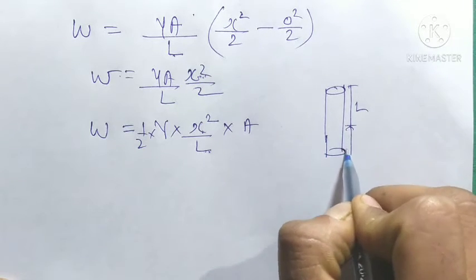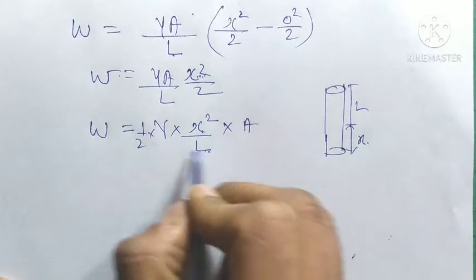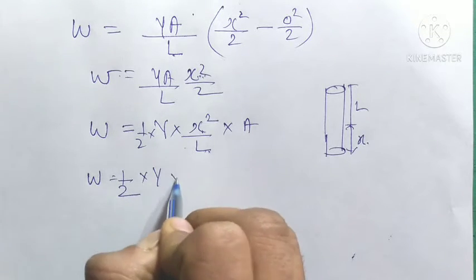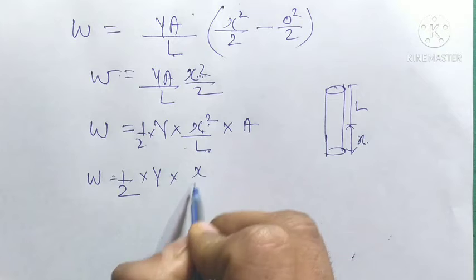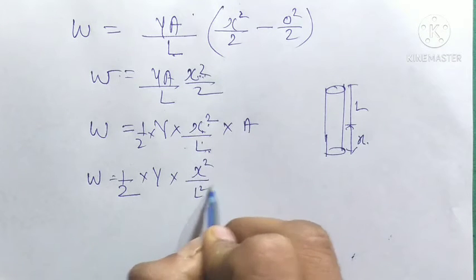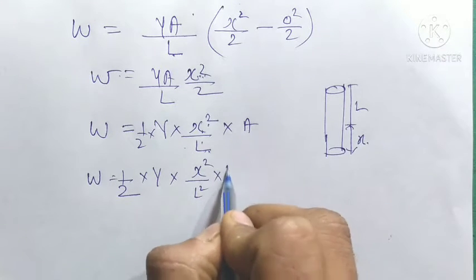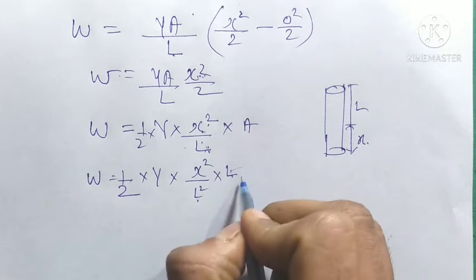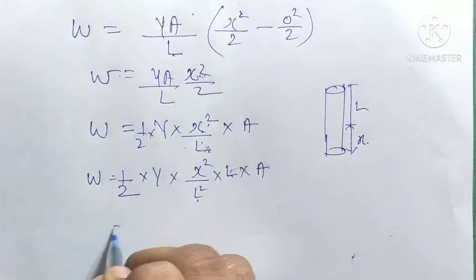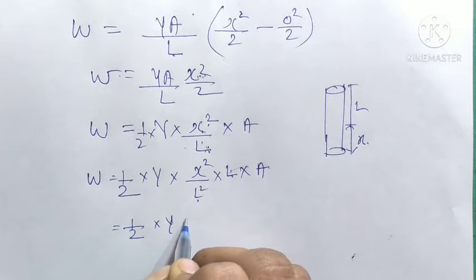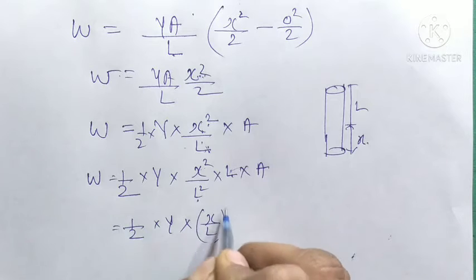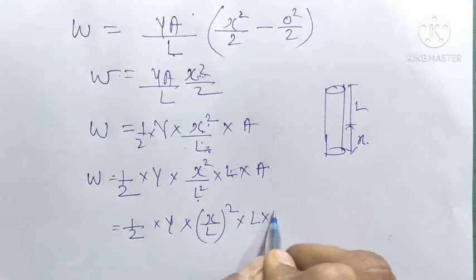So W is equal to half Young modulus into x square upon L square, and then we must multiply by L; L and L will cancel, so finally we get L. So half Young modulus into x upon L whole square into L into A.